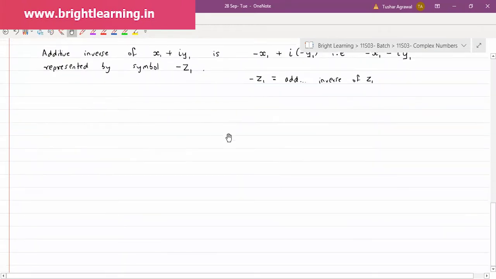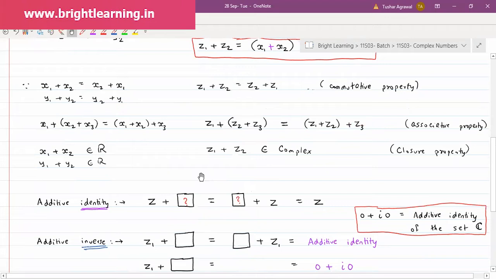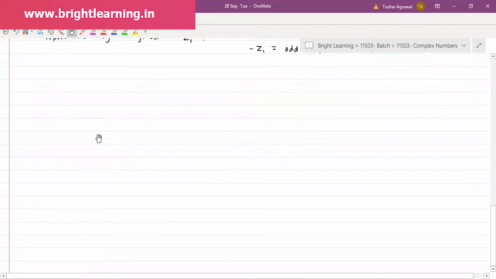Now subtraction of complex numbers. This was the second operation, I think, after addition. Subtraction of complex numbers, again z1 and z2.